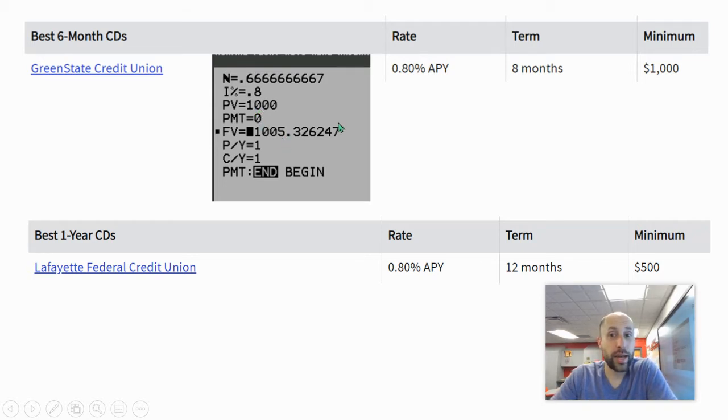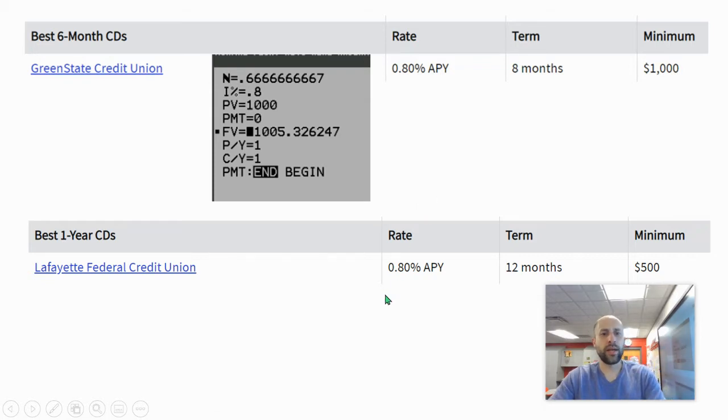And then in return, after that 8 months, this time we get $1,005.33. So they took 1,000 of your dollars. They did whatever they did with it, but they're giving you $5 in interest for using that. So the 1,000 original amount plus the $5.33 in interest.